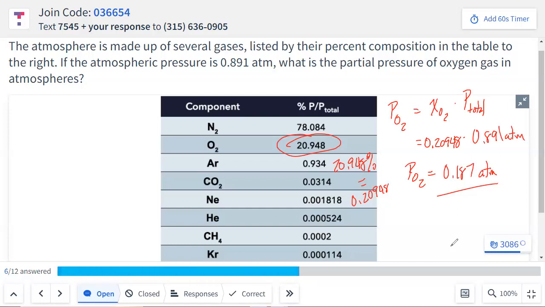So this is one thing that we can do using Dalton's law of partial pressures. We can actually figure out what is the individual pressure of gas, and then from there, use it.